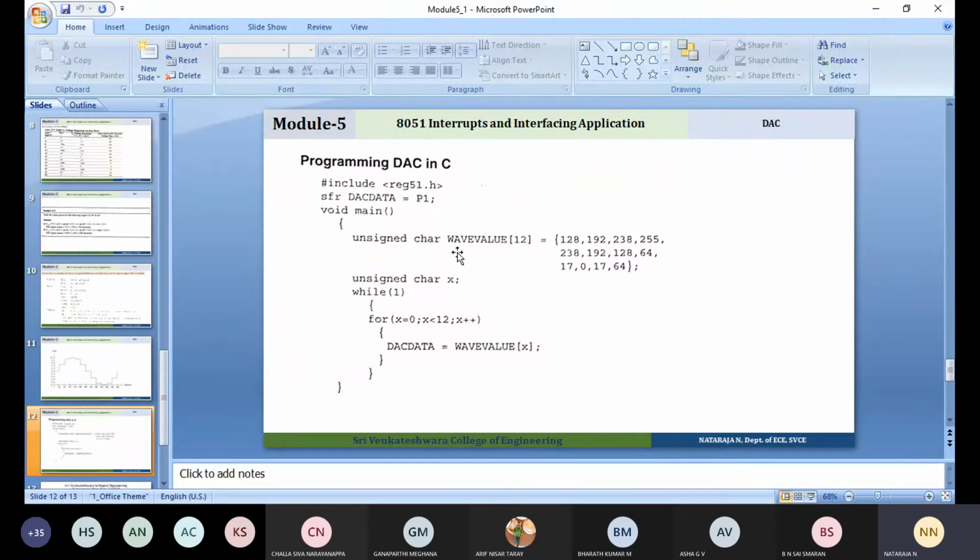Then void main, unsigned char wave values of 12. Sorry, 1, 2, 3, 4, 5, 6, 7, 8, 9, 10, 11, 12 values we have taken. Totally 12 values we are going to fit in the table. Then unsigned char x; while 1, for x equal to 0, x less than 12, x plus plus.